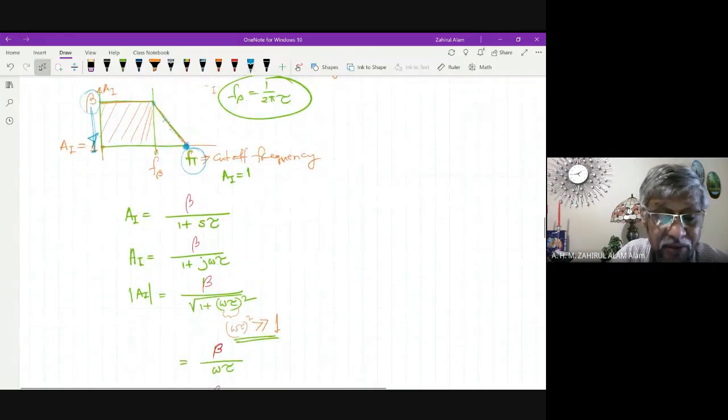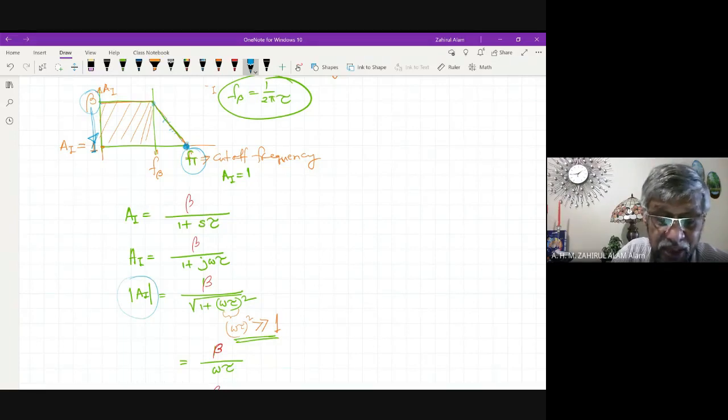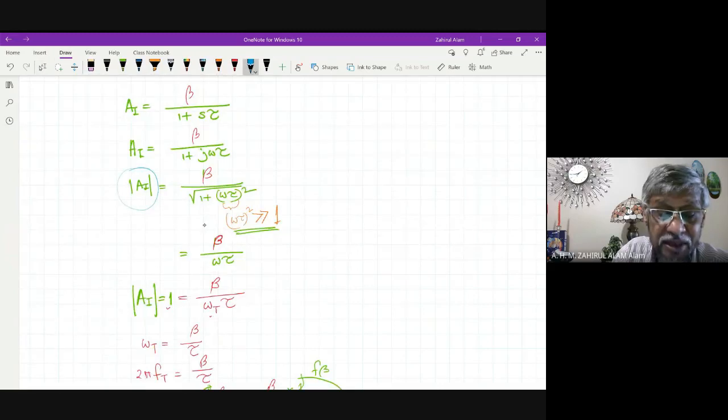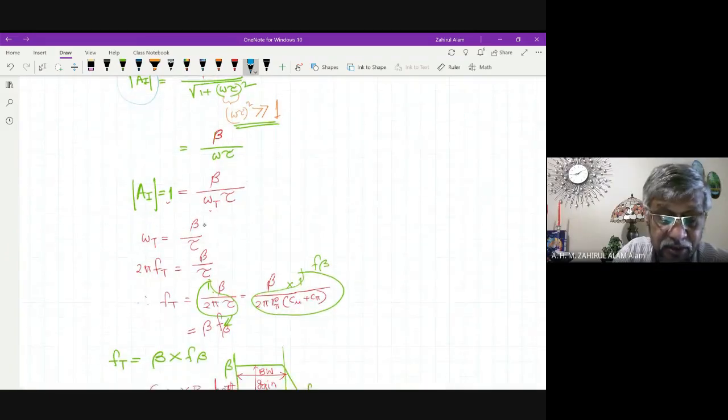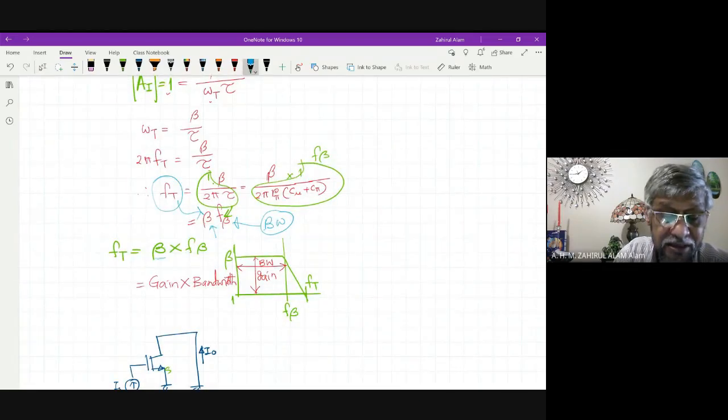Now how do we calculate it? We set the magnitude of gain equal to 1, and since this quantity is much larger than 1, we can come out with the relation: Ft is related to the gain multiplied by the beta frequency, which is the bandwidth. Therefore beta times F beta, gain into bandwidth, the product is constant and equal to Ft.